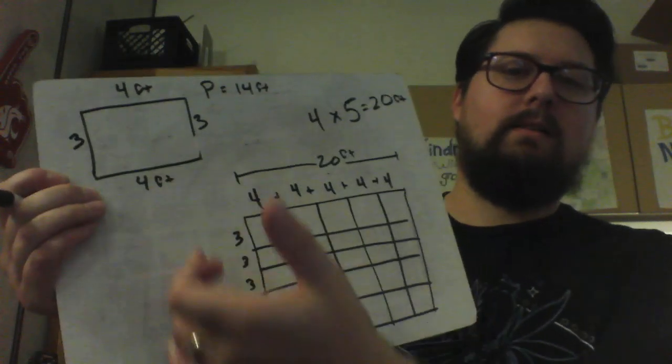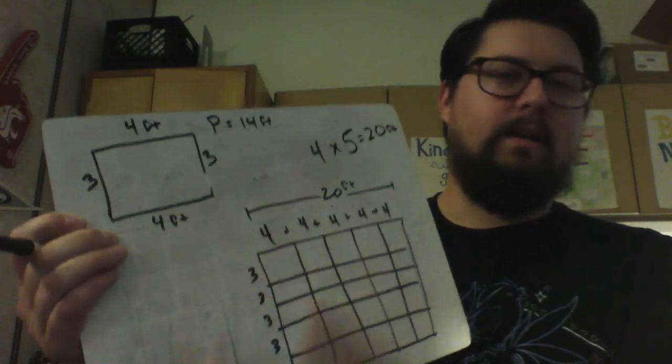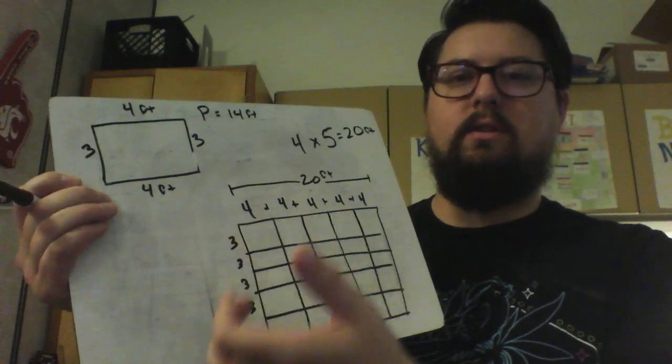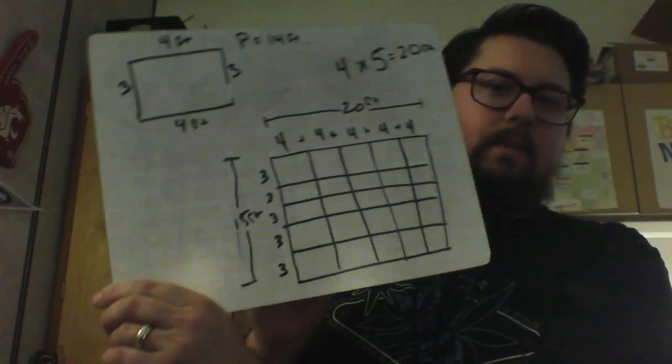So on the side, I still have 5 sections because it's 5 times as long and 5 times as wide, but each section is only worth 3 feet. If I add up my 3's, 3, 6, 9, 12, 15, this whole side is 15 feet. 3 times 5 is 15. If I know one side is 15, the opposite side is 15. If I know one side is 20, the opposite side is 20.